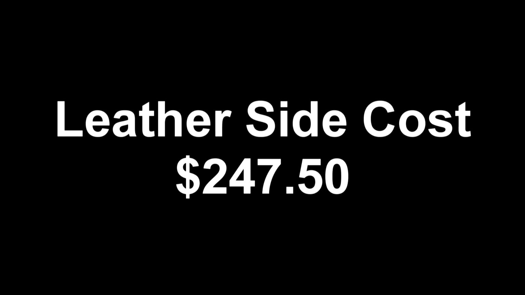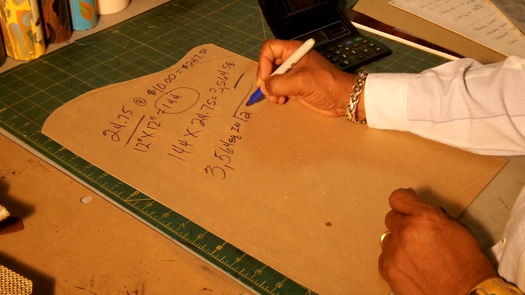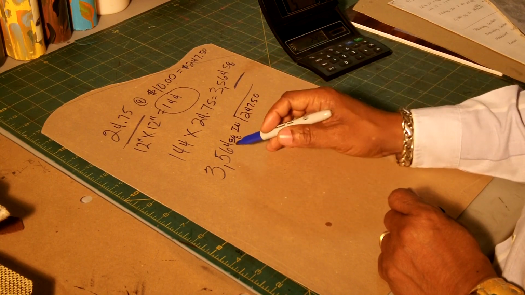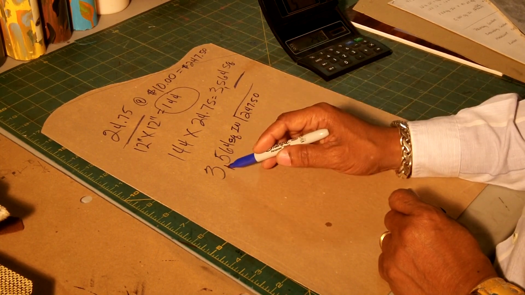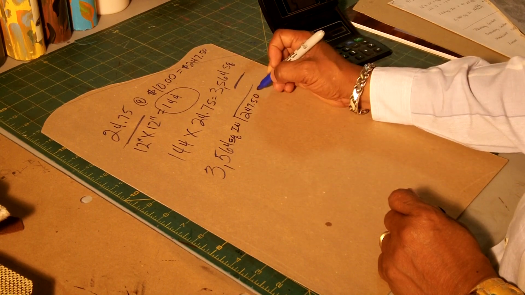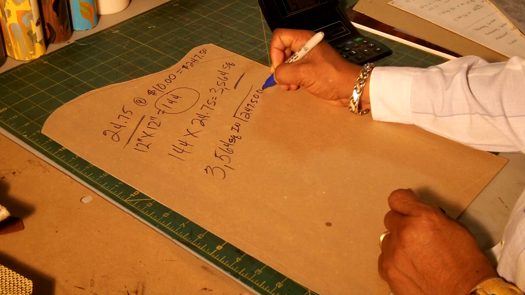At $10 a square foot, it costs us $247.50. So we're going to take that $247.50, and then we're going to divide the square footage into the cost of the hide.